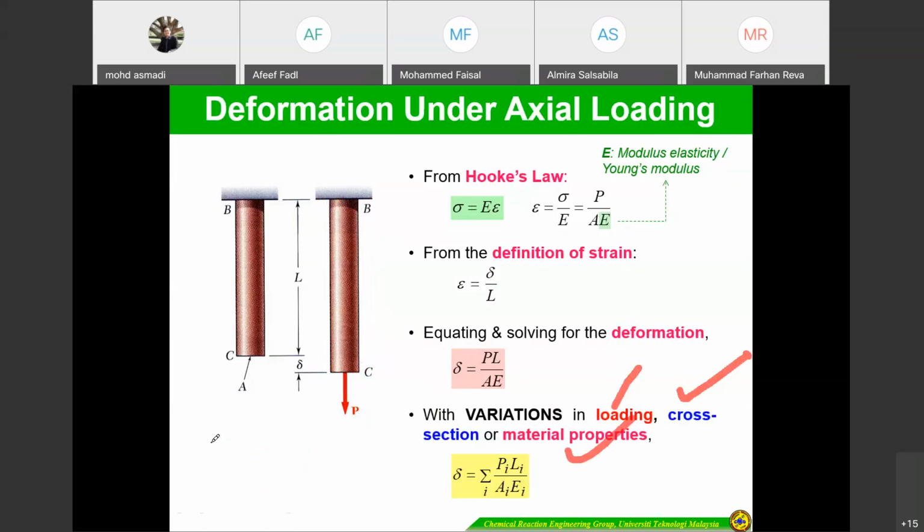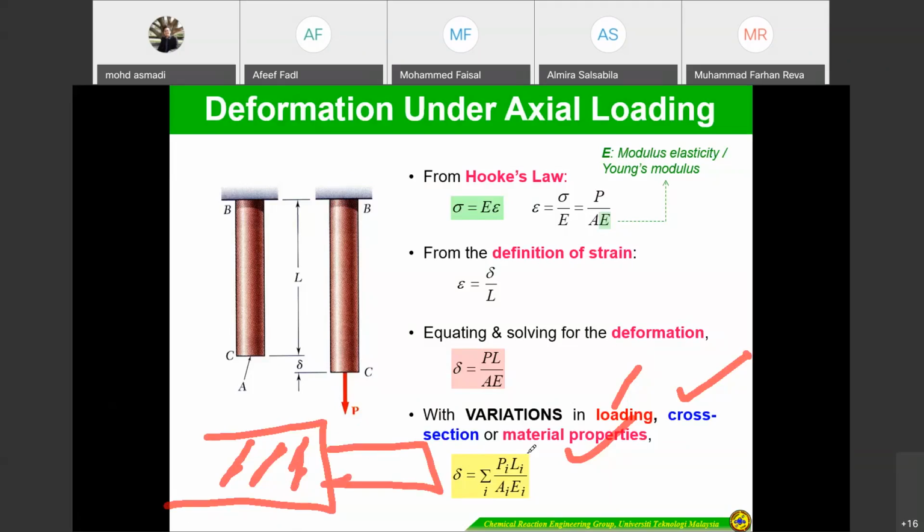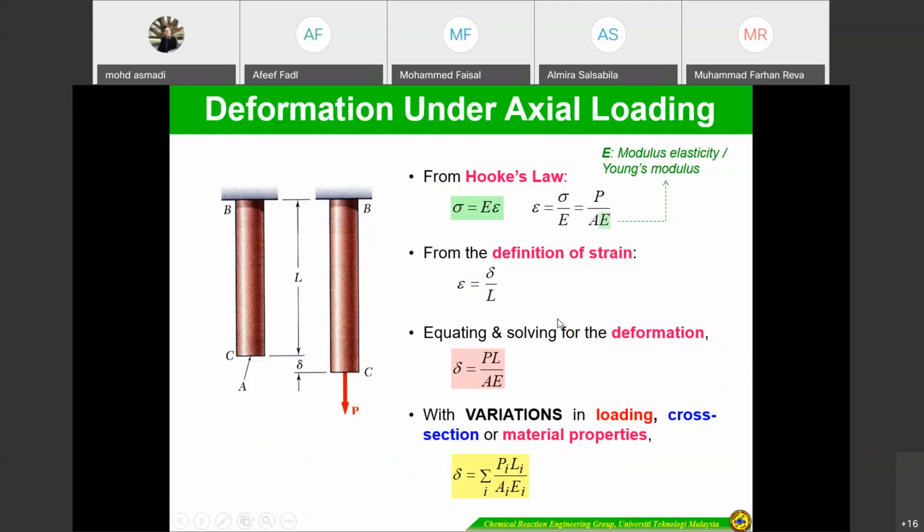For example, this one is metal and this one is cast iron. So you have to calculate using the summation of the deformation of each section. You have to remember this; it is the main thing that you have to highlight.